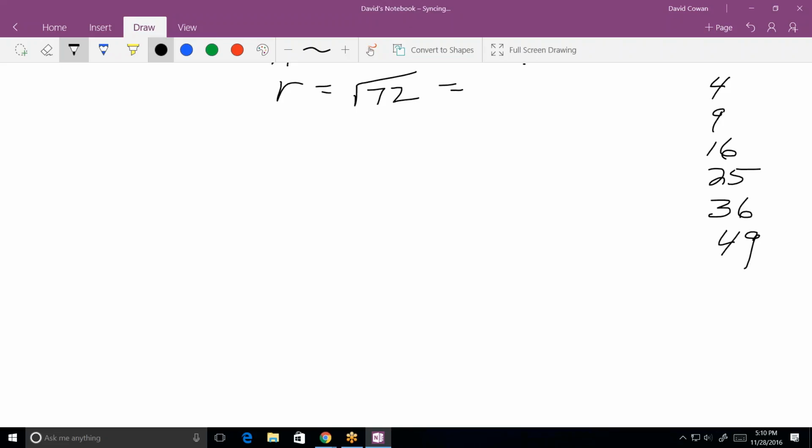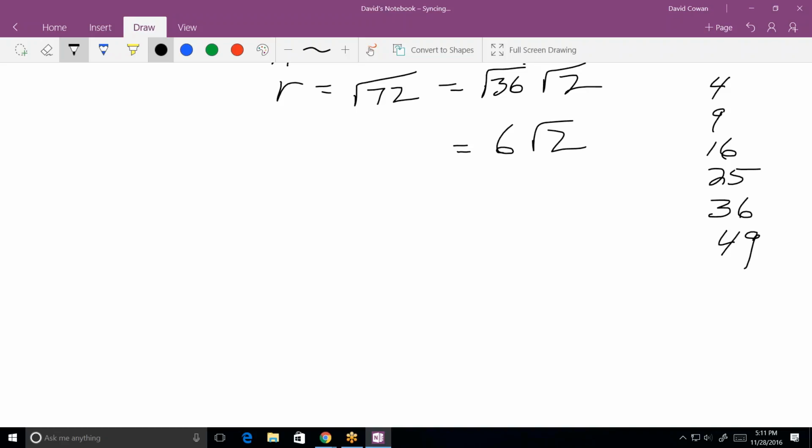The most efficient way to do the simplification is to find the largest perfect square factor. You found it right off the get-go, square root of 36. You don't need to break that up any further. In other words, because 36 is a perfect square, that's 6 root 2.